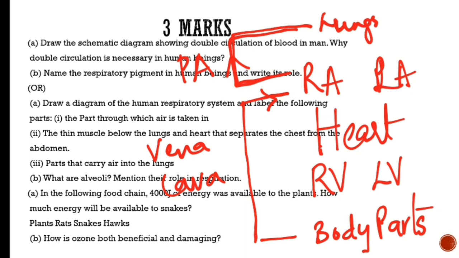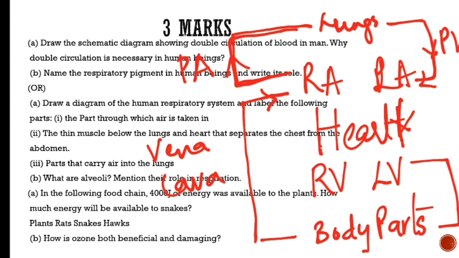And after oxygenation is over, it comes with the help of the pulmonary veins towards the left atrium, and from the left atrium it moves towards the left ventricle, and from there with the help of the biggest artery, aorta, it moves to the different body parts.